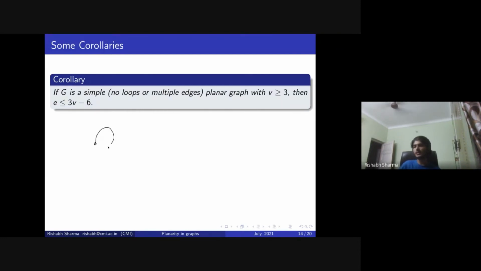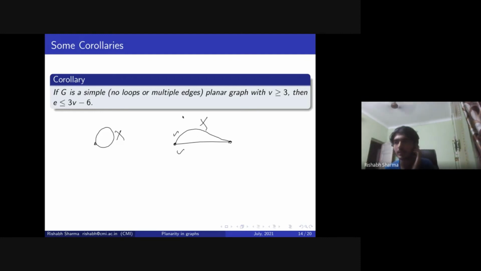A loop is something like this. You take a vertex and connect it with itself. That's a loop. And multiple edges would be, you have an edge between two vertices, and you have another edge between the same pair of vertices. These are multiple edges. Okay, so a simple graph does not have a loop or a multiple edge.